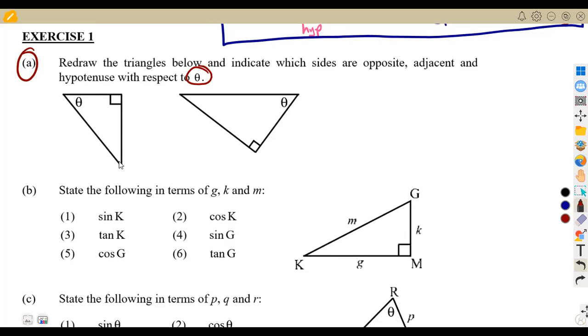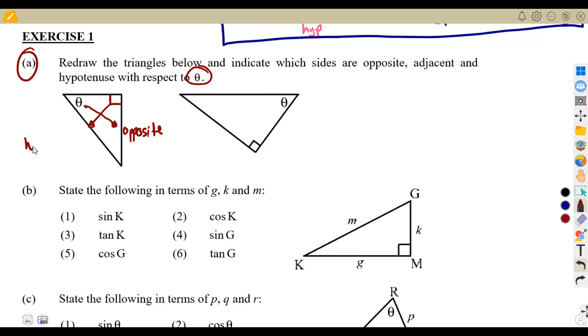All right, let us see this triangle. According to this triangle, this one is facing theta. It's opposite to theta, so that is your opposite side. They are opposite to each other. The one that faces 90 degrees, this is your 90 degrees, does not change.